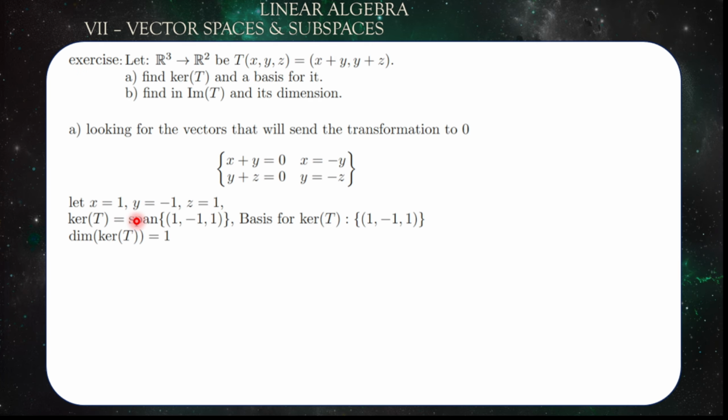Hence, the kernel of T is equal to the span of (1, minus 1, 1). So the basis for the kernel of T is simply this vector, (1, minus 1, 1). It's the only generator. The dimension of this kernel, which is the number of vectors that we found as generators, is 1.